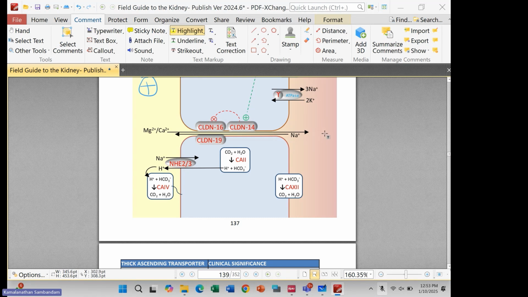there is more permeability for sodium back leak through claudin 16 and 19, creating or augmenting the lumen positive potential difference. So there's reabsorption of sodium and chloride through the paracellular pathway, and sodium can back leak while chloride has limited back leak, and that selectivity for sodium and chloride transport is provided by claudin 16 and 19.